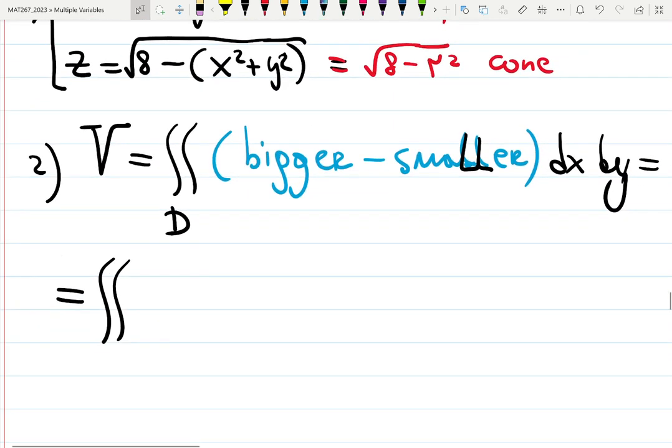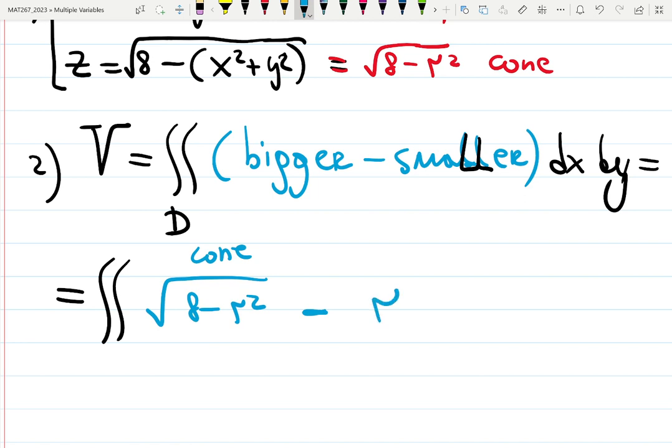So we're going to do cone first. Okay, I'll just write down the equation of the cone right away, which is the square root of 8 minus r squared, minus, and the smaller one was the sphere. So it's going to be r. Sphere.